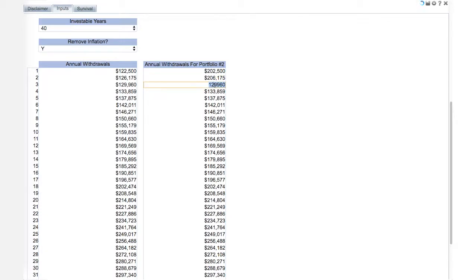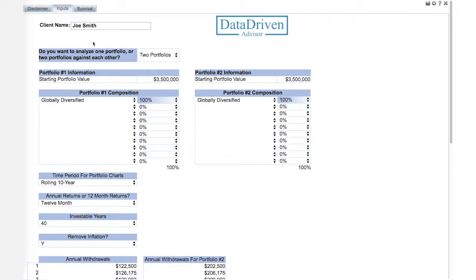What we want to try to do is impart some knowledge to the client of what is the effect of, for the first 4 years, what if he wants to withdraw $200,000 or so versus $120,000 or $130,000 for those first 4 years, and then we'll keep the rest of it the same.